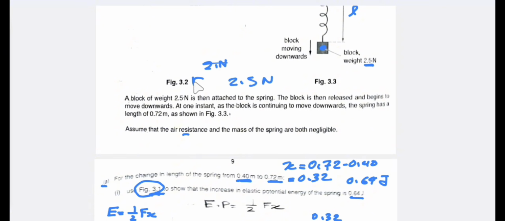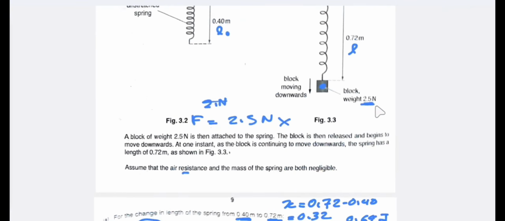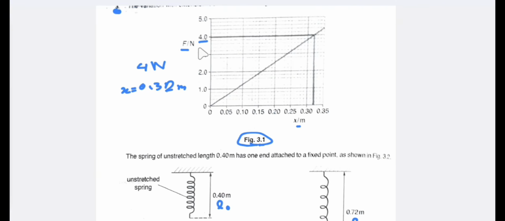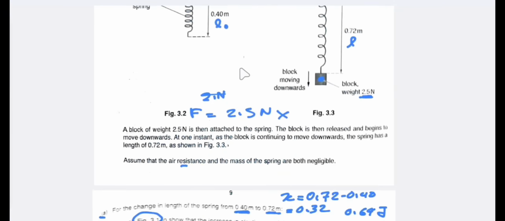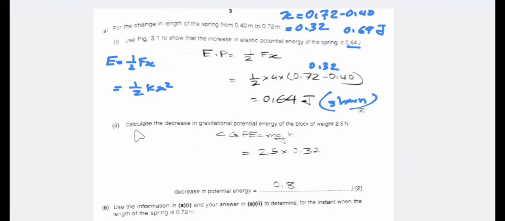So since the weight is 2.5 Newton, we could consider the force as 2.5 Newton. But this would be wrong because we need to use figure 3.1. So from figure 3.1, we get the force as 4 Newton. So you have to remember what is mentioned in the question, which figure you need to use.